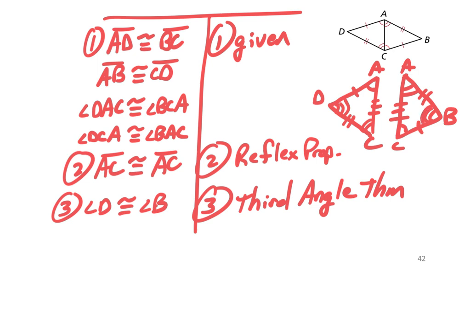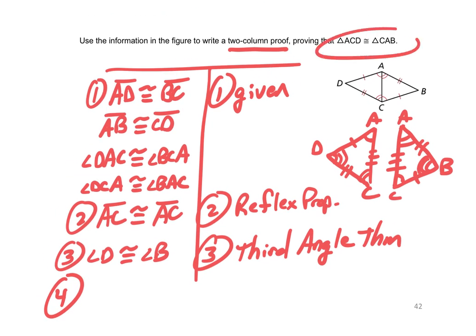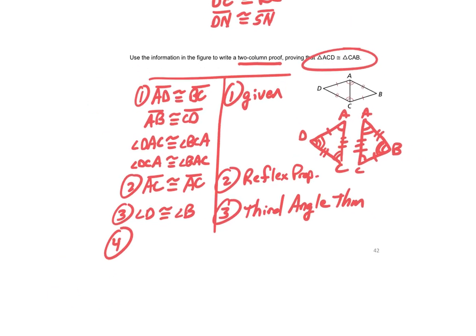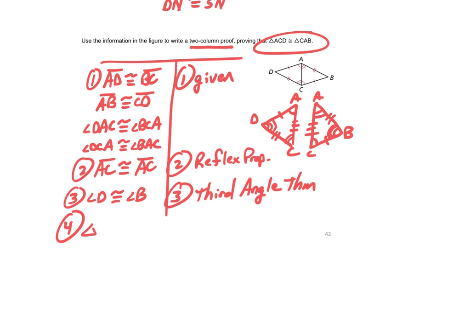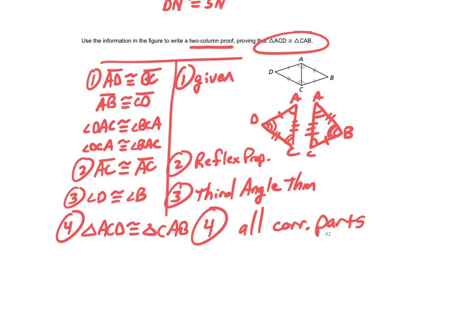all 6 pieces. So my final statement, and what I'm going to tell you is make it as simple as you can. This one gives me the statement right here. Just use that, okay? There's no sense in you trying to come up with it on your own. Just restate triangle ACD is congruent to triangle CAB because all corresponding parts are congruent.